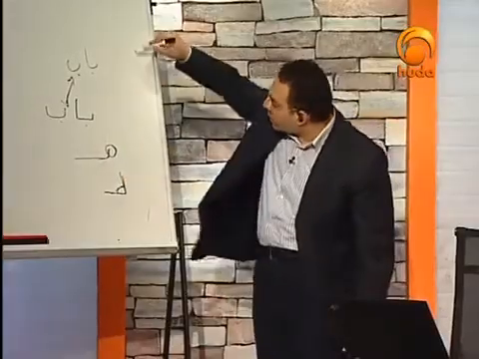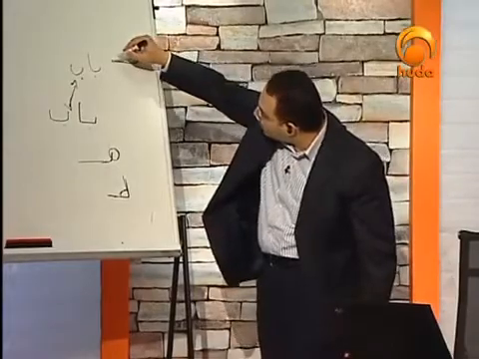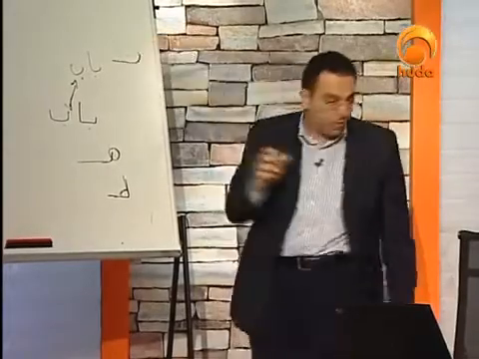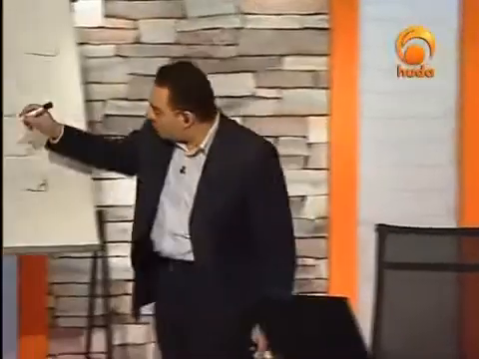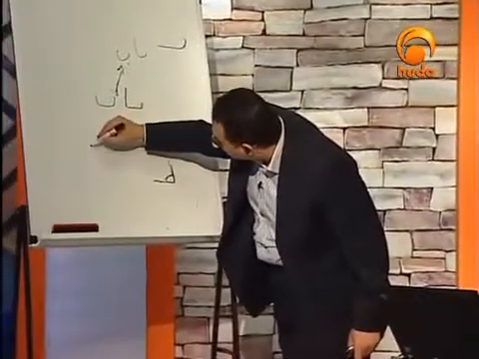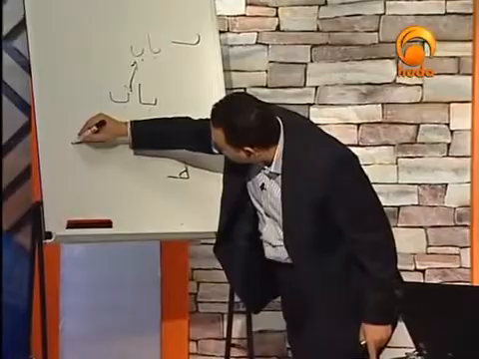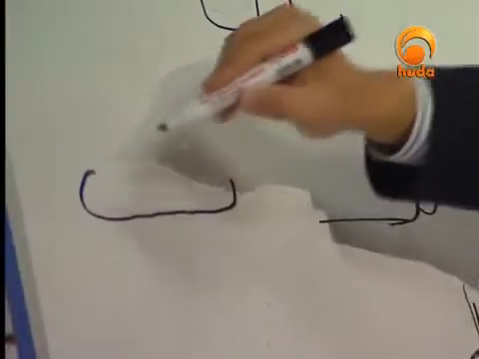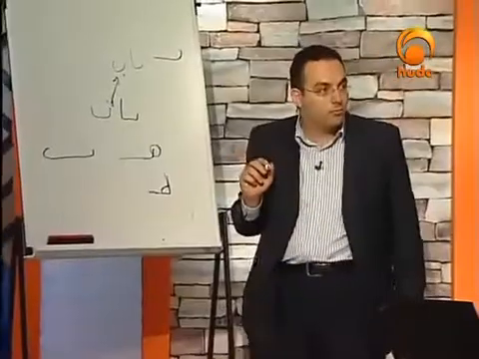Here it is once again. Then continue straight along the line and end with another hook for the tail. So I'm going to start with a very short hook, going through the line and ending the tail with another one here. Yeah, so it is like ba.